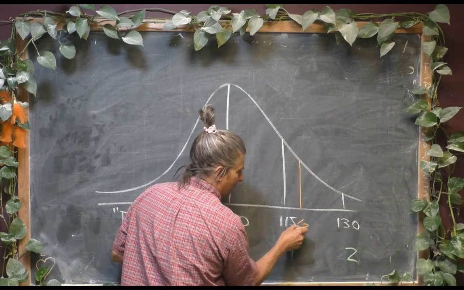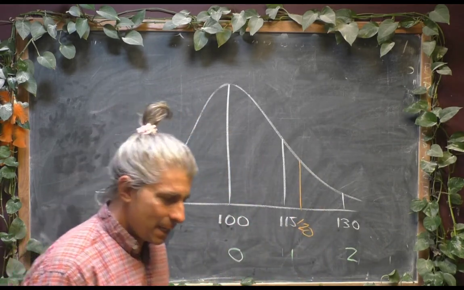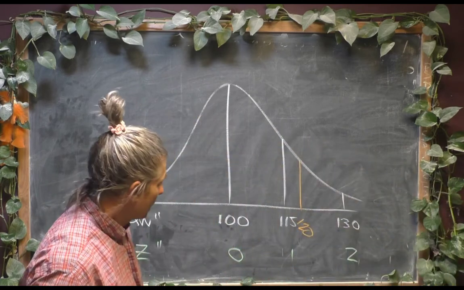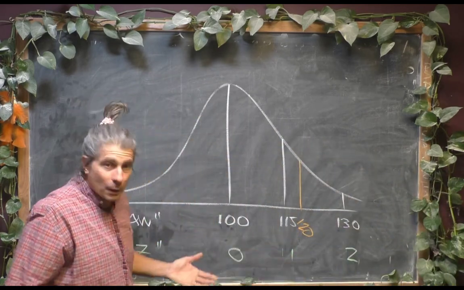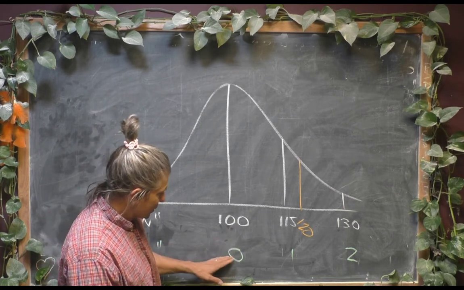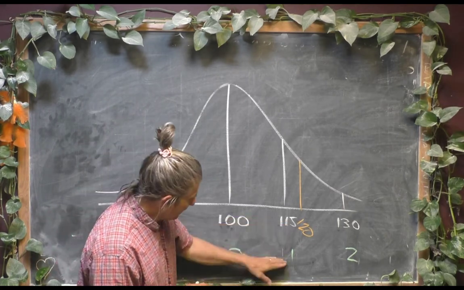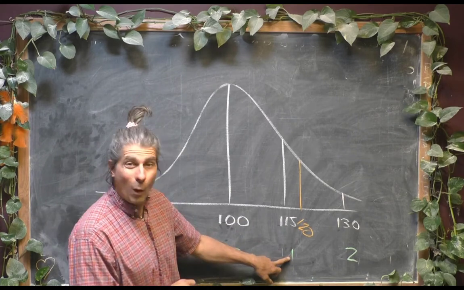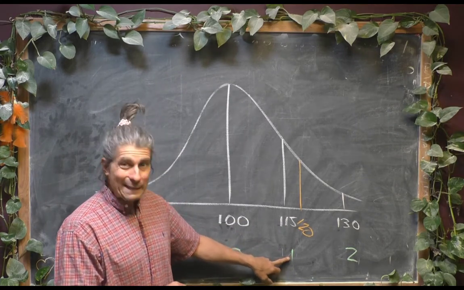So how many standard deviations up is 120? Well, let's start at the average, because I think that makes the most sense. Start at 100, or 0, and go up a standard deviation. So it's clearly more than 1. But 1 what?